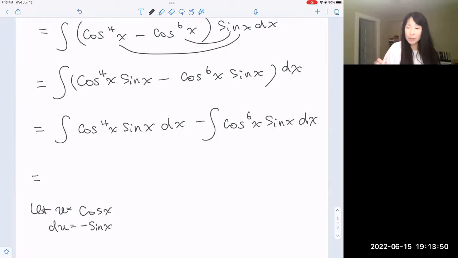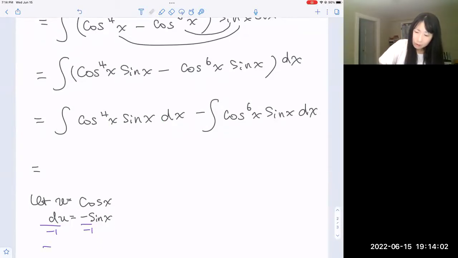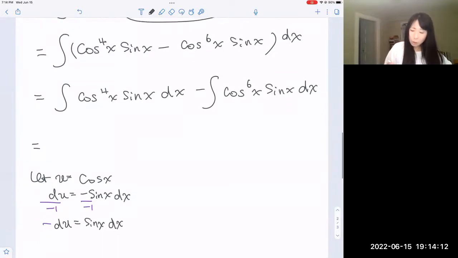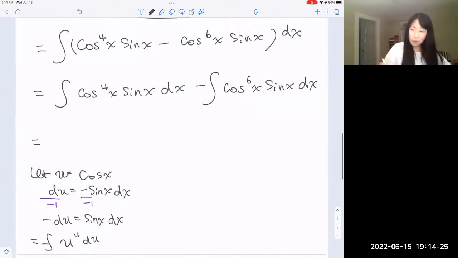Now we don't have a negative sign in here, right? Can you see that we don't have a negative? So we divide by -1. So we have negative du equal to sine x dx, right? Then we have u to the fourth power and negative du. We can just use the power rule, right?